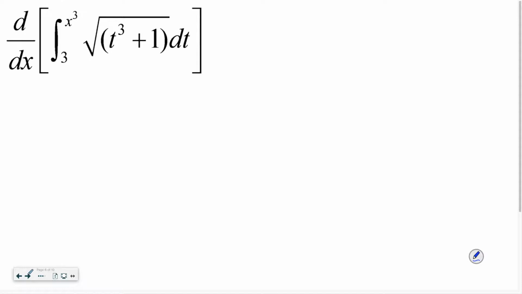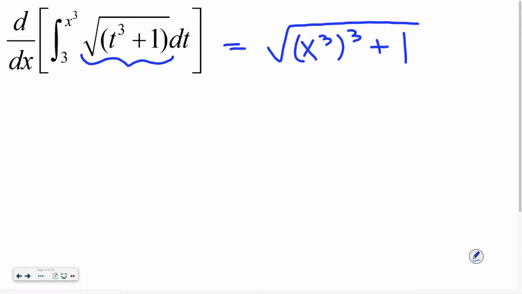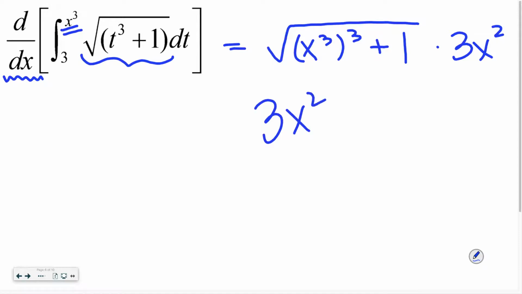So first of all, we have an x cubed in there. So when we actually go to rewrite, t cubed becomes x cubed cubed. But that's not all. We are taking the derivative, and inside of our derivative is x cubed. What happens when we have a composite? Chain rule. So our answer is 3x squared times the square root of x to the 9th plus 1.